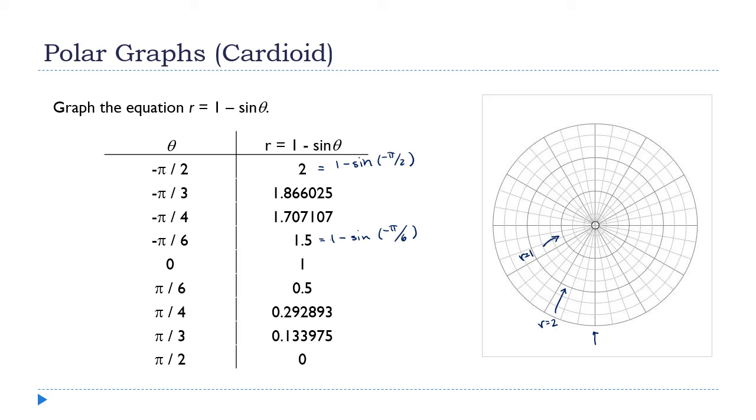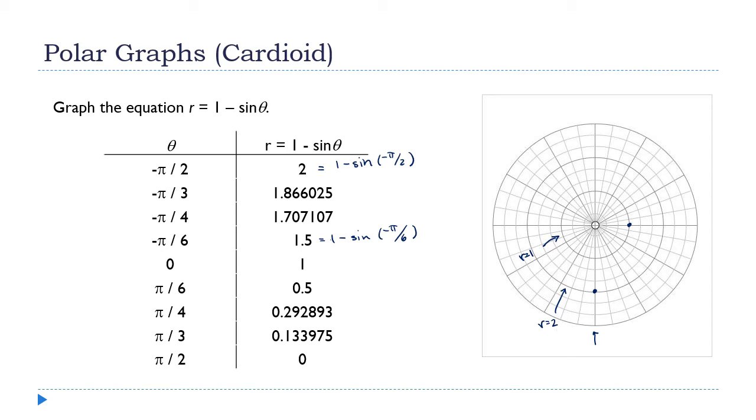When theta is negative pi over 2, r is 2. So that's this point right here. Then, when theta is 0, r is 1. That's right here.